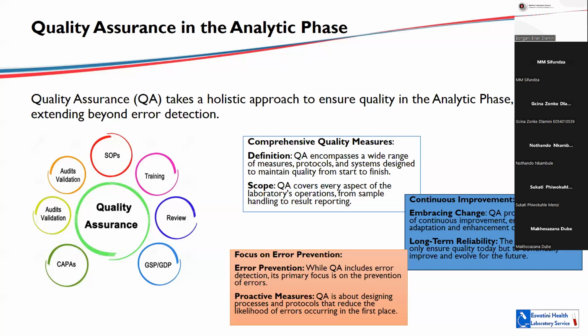It's proactive. It's about processes and protocols that reduce the likelihood of errors occurring in the first place. That is the ideal way, because we know that when errors are there, a lot of procedures need to be taken into consideration to work them out.